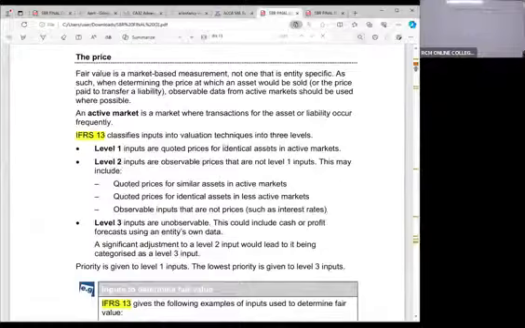That's level 1. And then level 2, ladies and gentlemen, is for similar assets. Not exactly the same, but quite similar to my house. You could have a house that was sold last week, which is quite close, resembling mine very closely, but not identical.